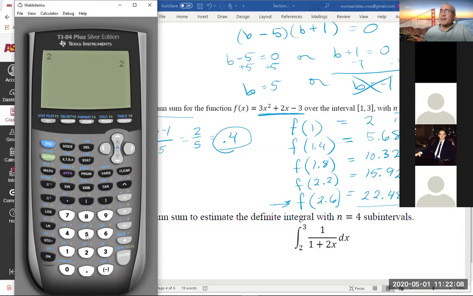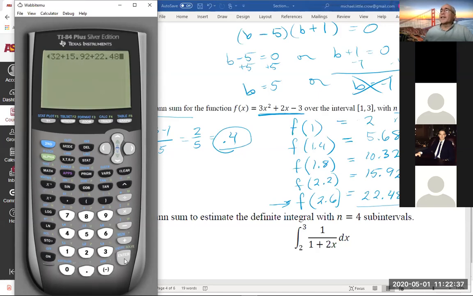2 plus 5.68 plus 10.32 plus 15.92 plus 22.48.